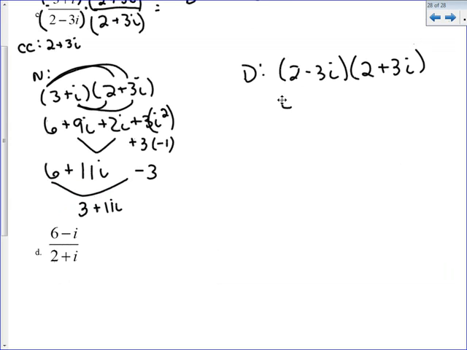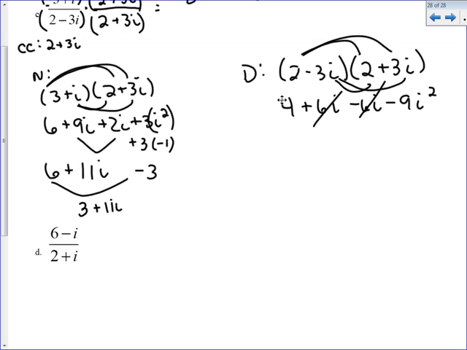So I'm going to get 4 plus 6i minus 6i minus 9i squared. And what should happen every time you're multiplying these denominators together, the middle two will cancel.